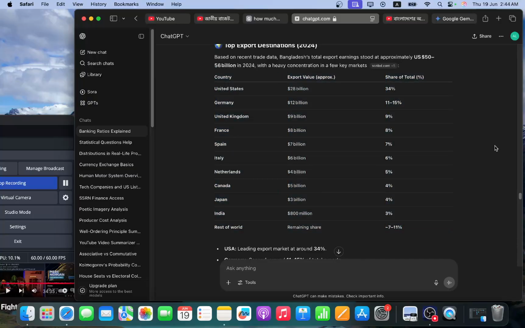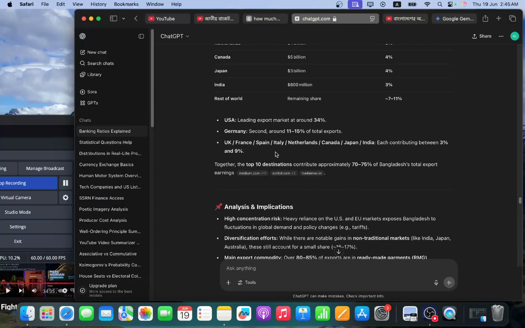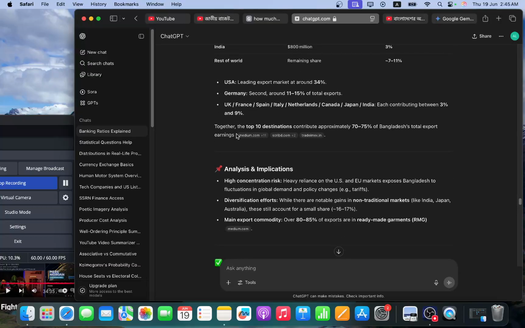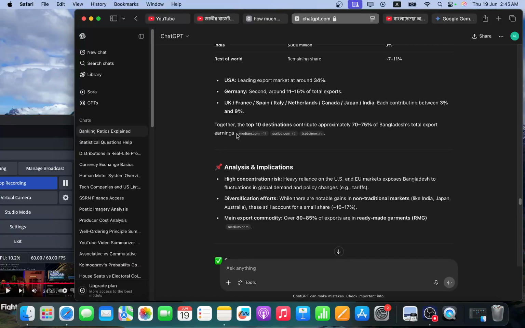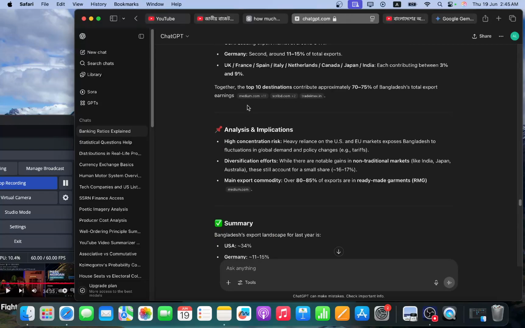Yes, we export to high-end countries. USA is the leading export market at around 34%, Germany second, then UK, France, Canada. Together, the top 10 destinations contribute approximately 70 to 75% of Bangladesh's total export.